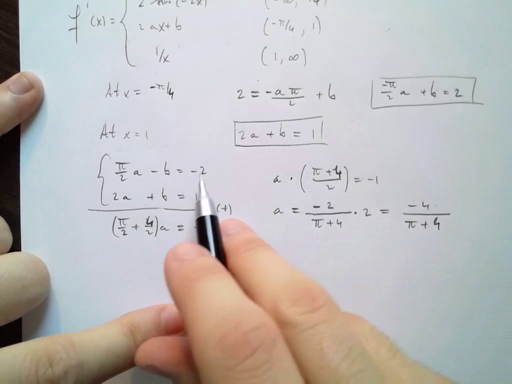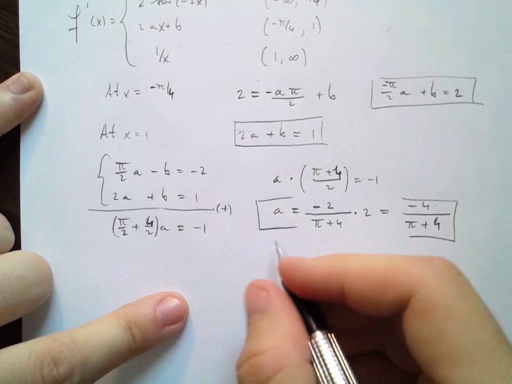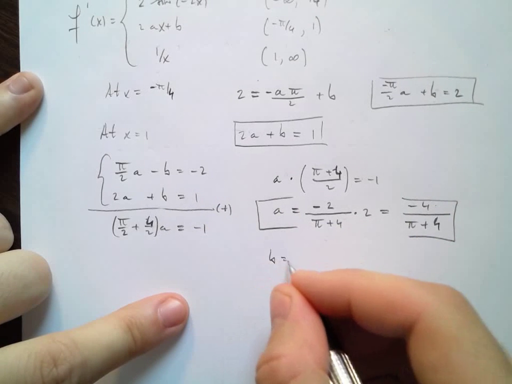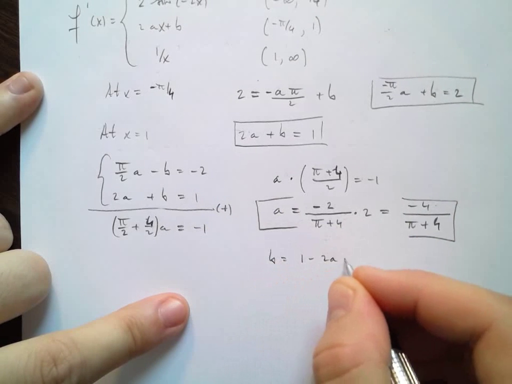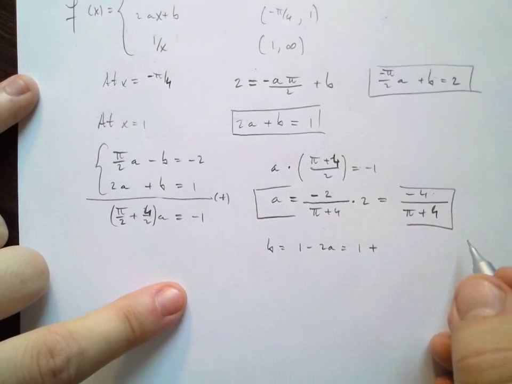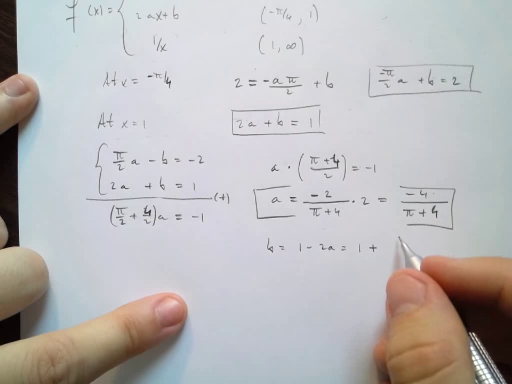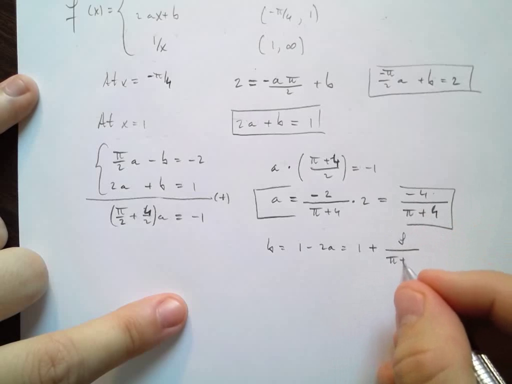And I hope I didn't miss any negative. The signs look okay. So that's the value of a, and now I'm able to solve for b, because b is equal to 1 minus 2a, so it's 1 plus twice this amount now. So it's going to be 8 over pi plus 4.